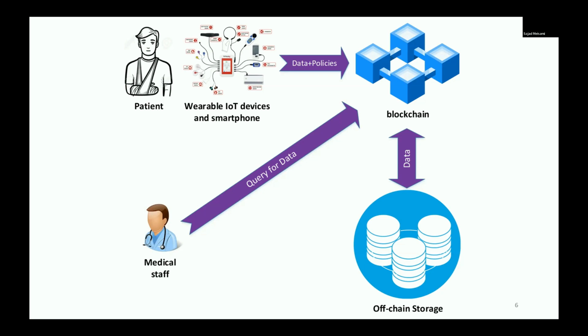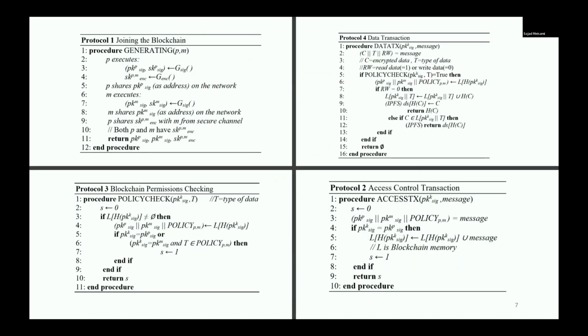So in this slide, we can see the protocols that we have in the paper. I don't want to get more in depth on this algorithm, but I just want to give you an overview of how they are working and what is going on there.